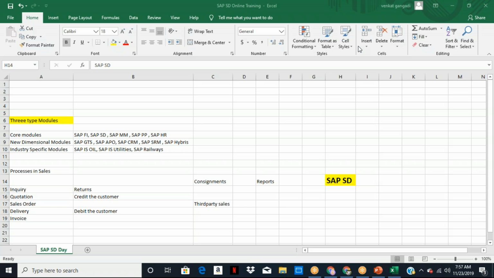So the customers and materials are the master data elements in the SAP SD model. From the SAP SD perspective, the master data is customer master data or material master data.